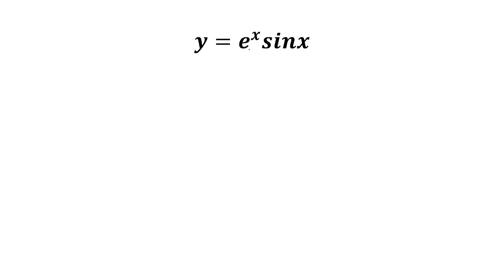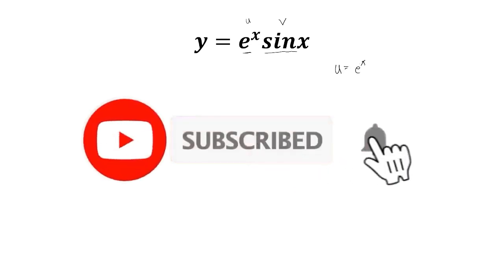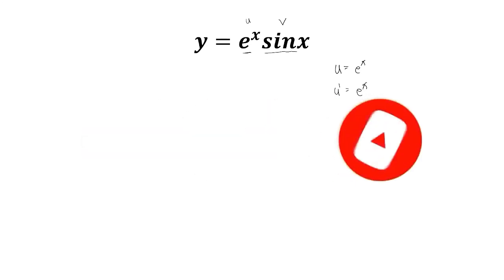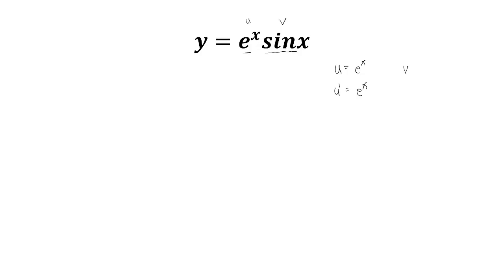Next, y equals e raised to x sine x. Two functions, therefore pwede tayo mag-product rule. Then, this is your u, e raised to x. And then, u prime equals e raised to x. And then, v equals sine x.